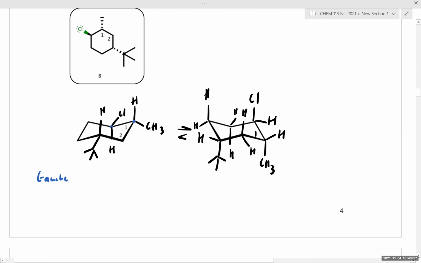The chlorine and the methyl. Yep, exactly right. We have a gauche chlorine-methyl interaction. And what's the value of that interaction roughly? It's about 1, isn't it? Yep, about 1 kilojoule.